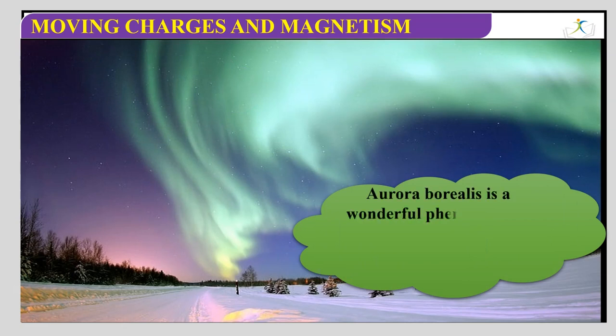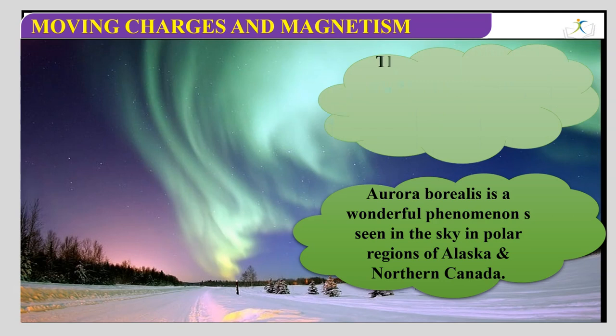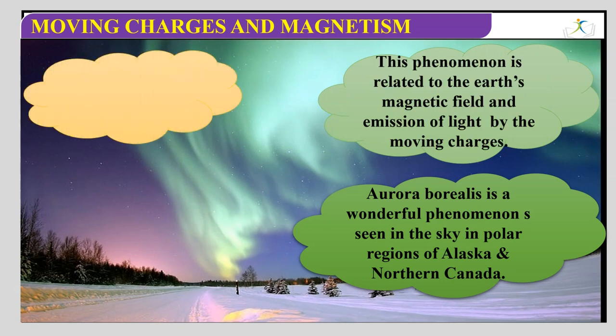Actually, this is aurora borealis. It's a wonderful phenomenon seen in the sky in the polar regions of Alaska and northern Canada. This phenomenon is related to the Earth's magnetic field and emission of light by the moving charges.